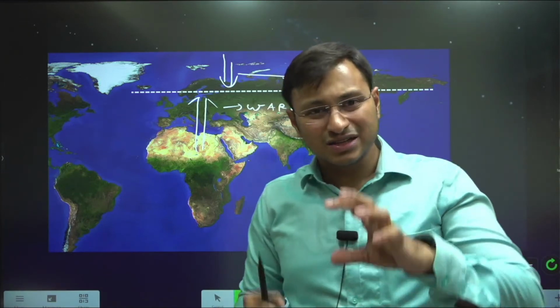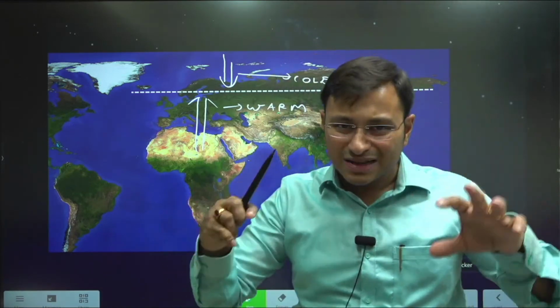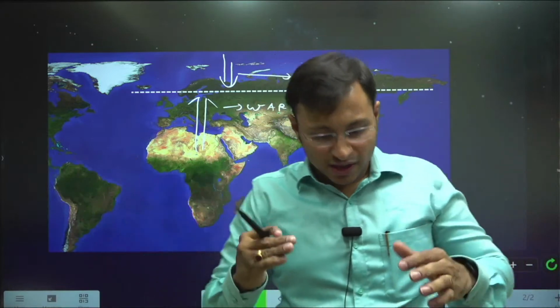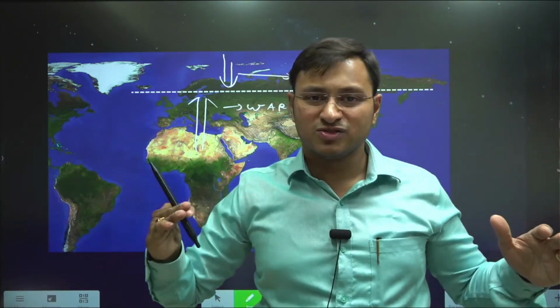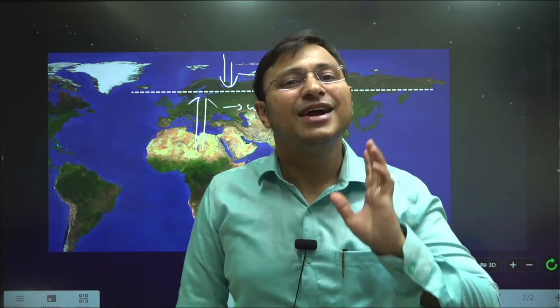Right now, guys, I am not giving you the definition of air mass because it's a little technical. Just consider that an air mass is a huge chunk of air, a huge space of air, which has uniform properties of pressure and temperature.